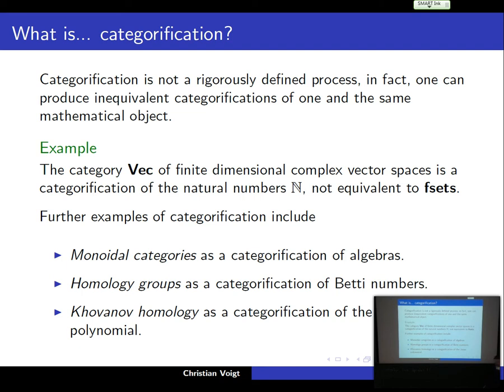We will only need a tiny bit of higher categories and this machinery, and what we will need is the notion of a categorical group or a two-group, and I want to briefly explain to you what that is. So you can ask what happens if I want to categorify groups.